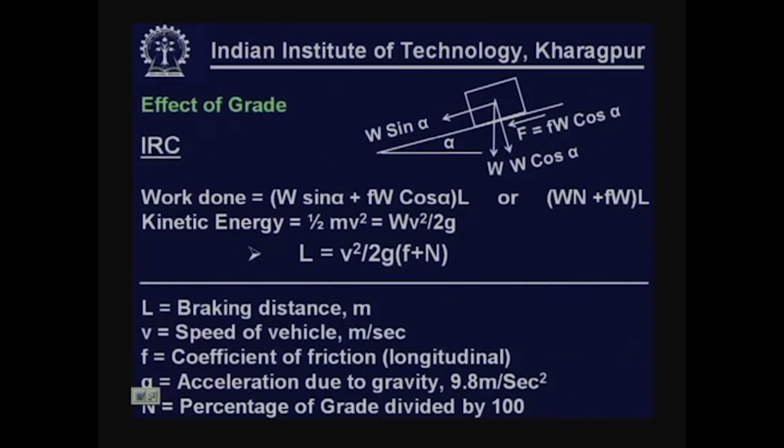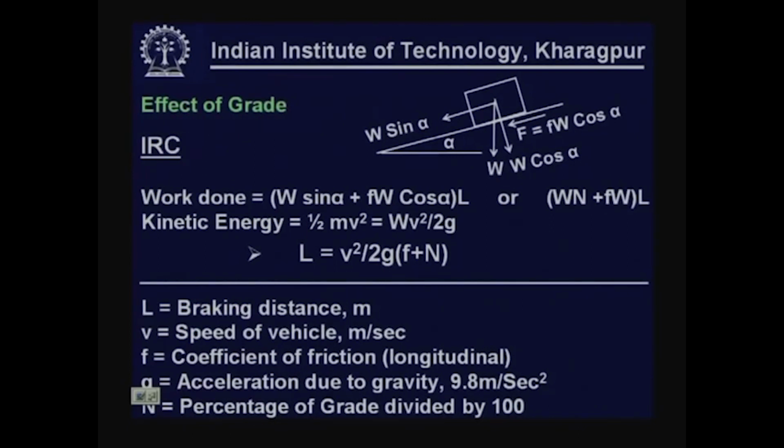Normally that slope is small. So, for small alpha, cos alpha is approximately equal to unity and sin alpha is approximately equal to tan alpha, which is nothing but taken as n here. N is the percentage of grade divided by 100. So, if we say 3% grade, it actually means 3 by 100, that is the value of n.